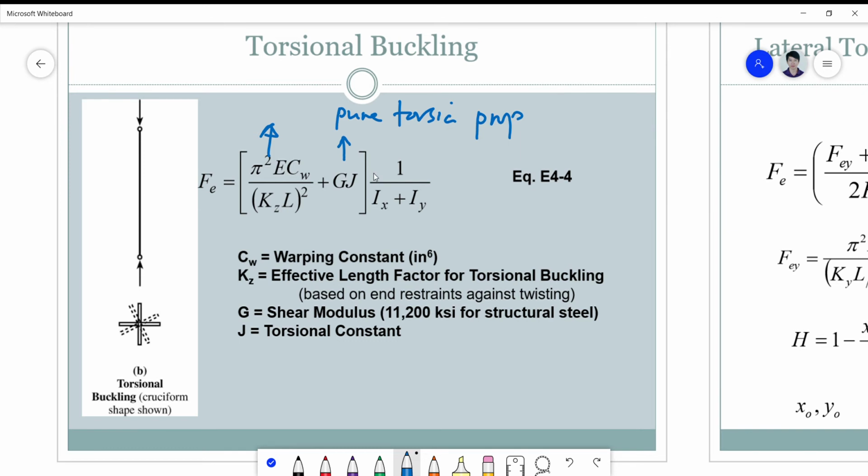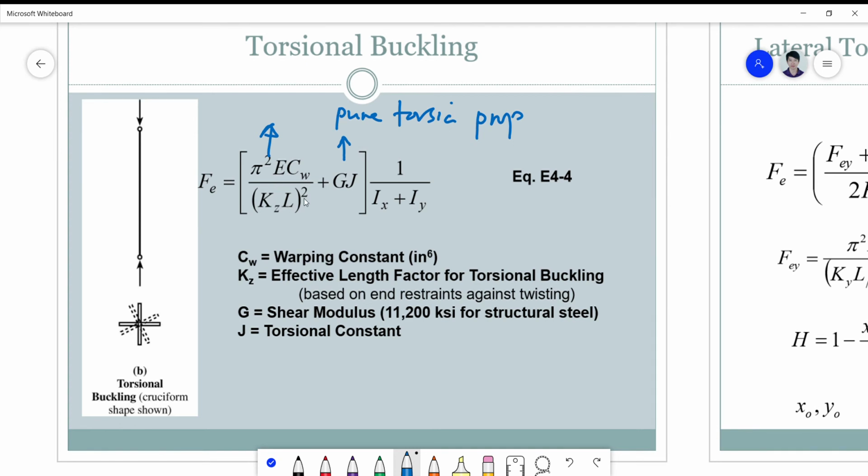Okay, so this is of course divided by Ix plus Iy to make your units more precise. Okay, so this is pi EI over, it's pi squared E over KZL squared.